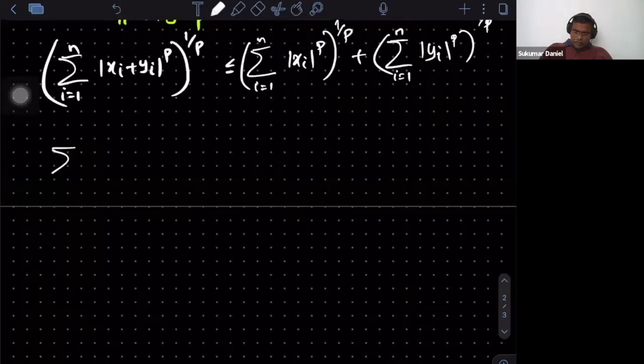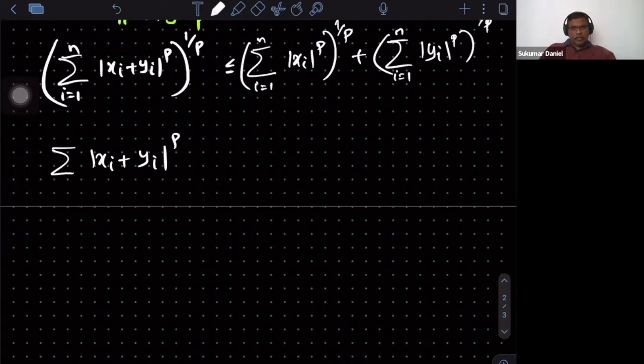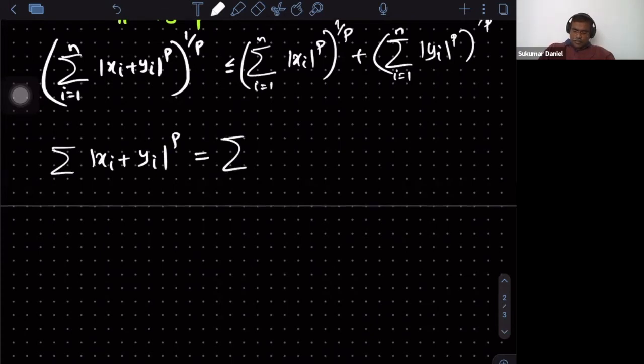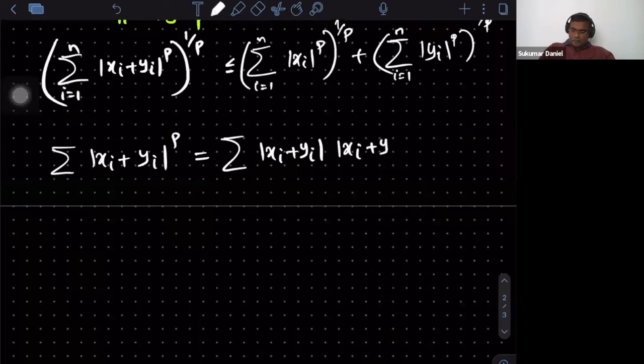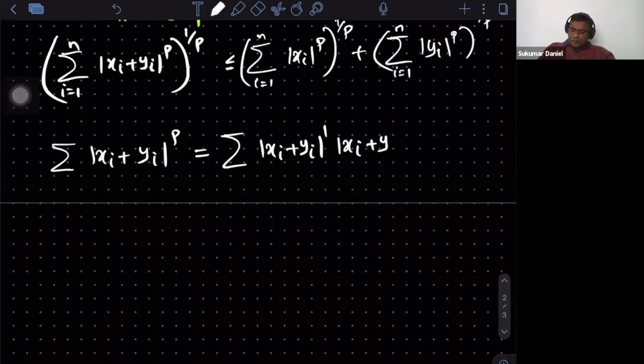So start with p. All that you need to do is this: you try to write it split into two parts, that is, some 1 for p minus 1 and 1.